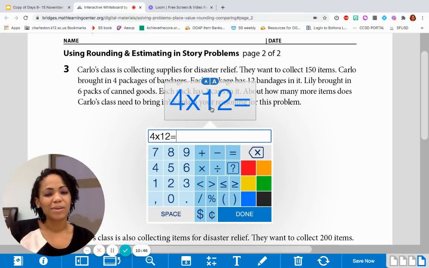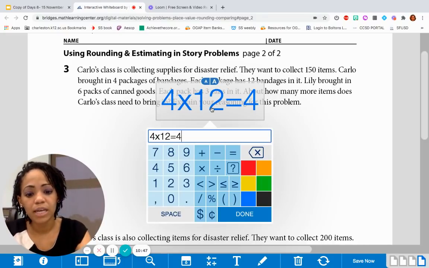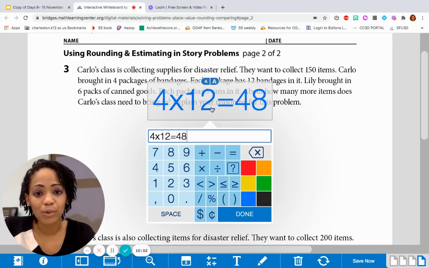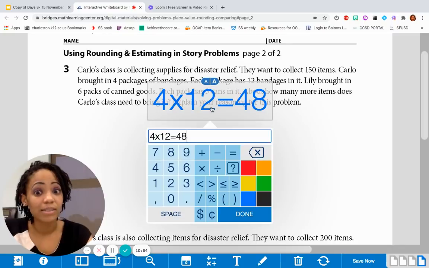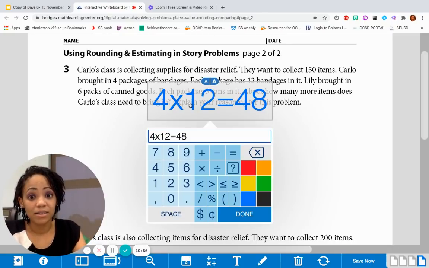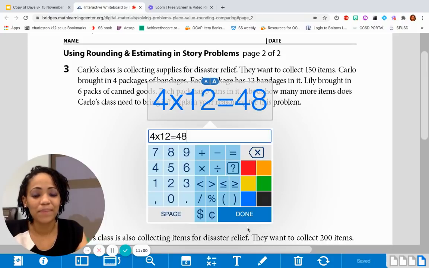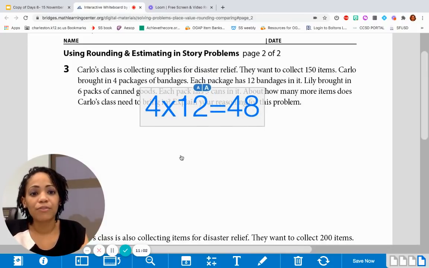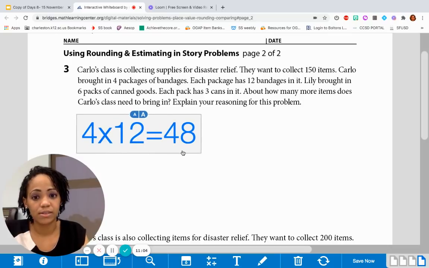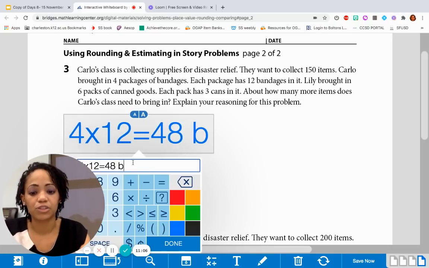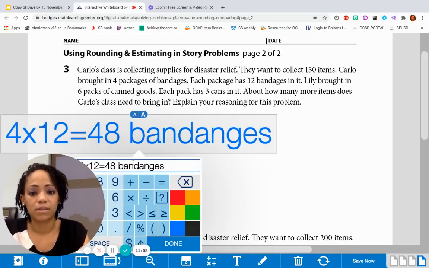We could estimate, but I'm hoping you guys know 4 times 12 is 48 because it's 2 times 12 doubled, and we know our 2s really well, right? Okay, so we know that there are 48 bandages, and I should label my answer actually. Bandages.